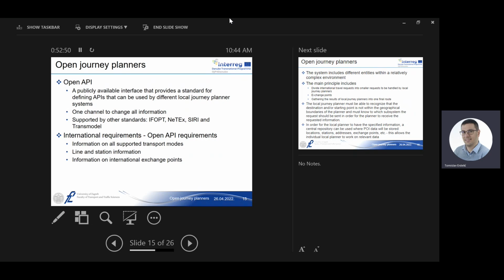So these are the lines. For example, you cannot force the bus to go on some other route, so you could visit, I don't know, national lakes or something like that. And also it has to have information for international routing about the exchange points.